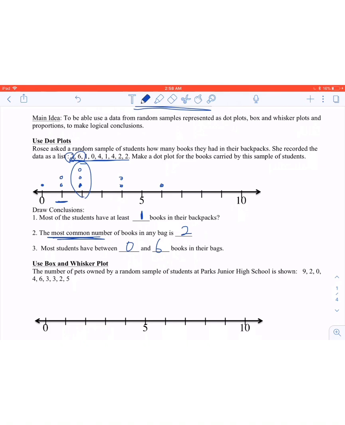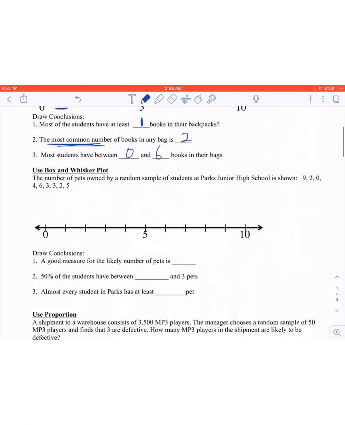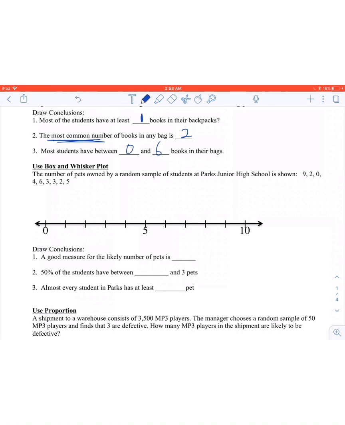The second type of plot is called a box and whisker plot. Just as it says, it's going to look like a box and a whisker.